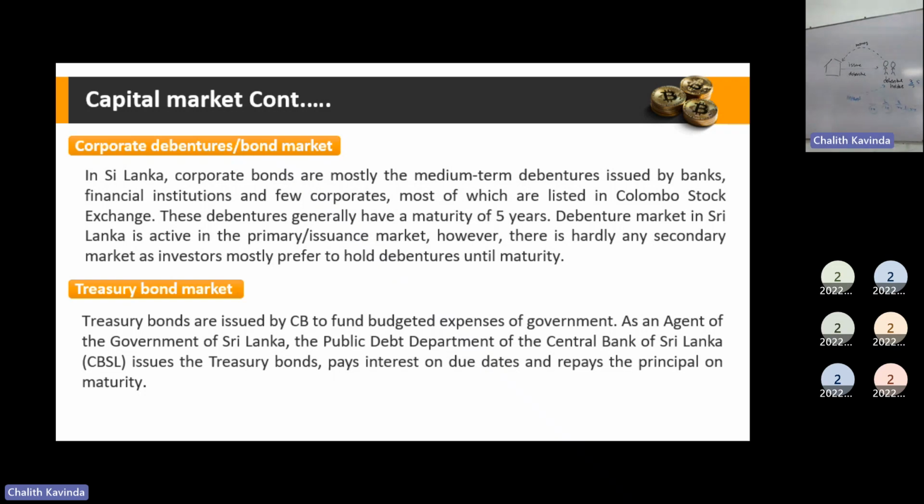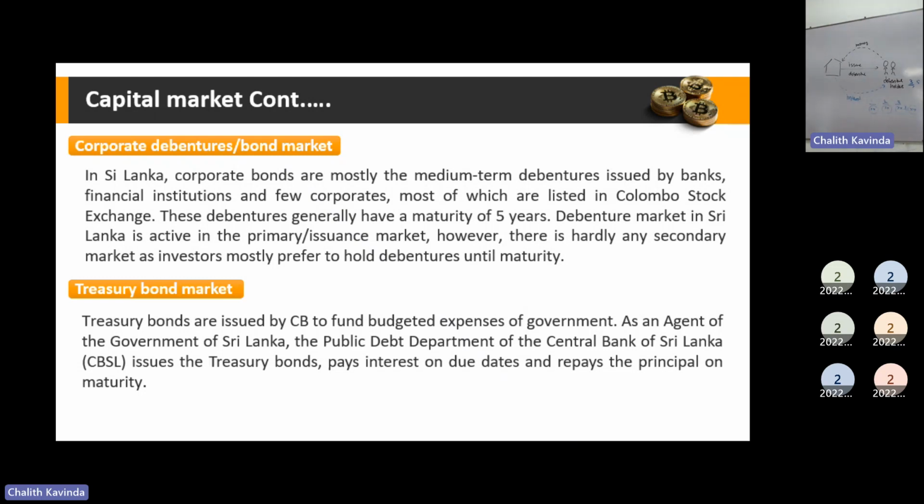Most of the time in Sri Lanka, you can see that these types of debt securities are issued by banks, right? And some of the manufacturing companies can issue, but most of the time it is finance companies. So these debentures generally have a maturity period of 5 years.